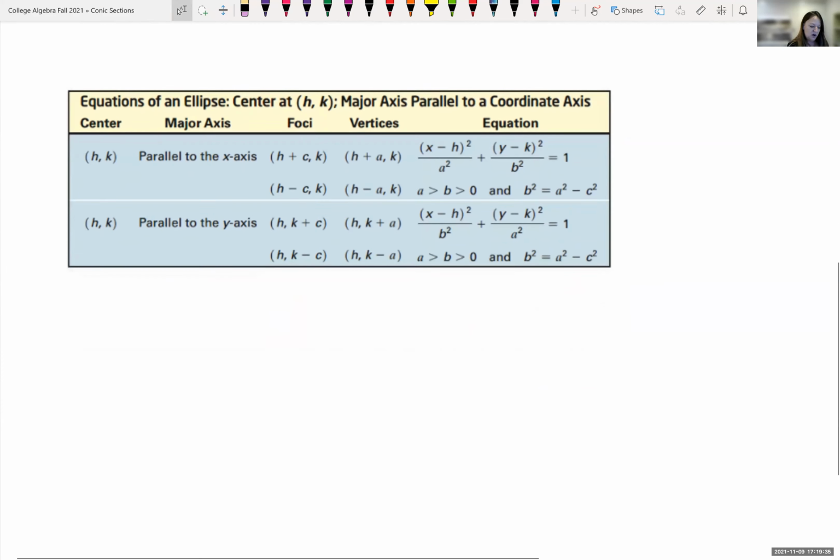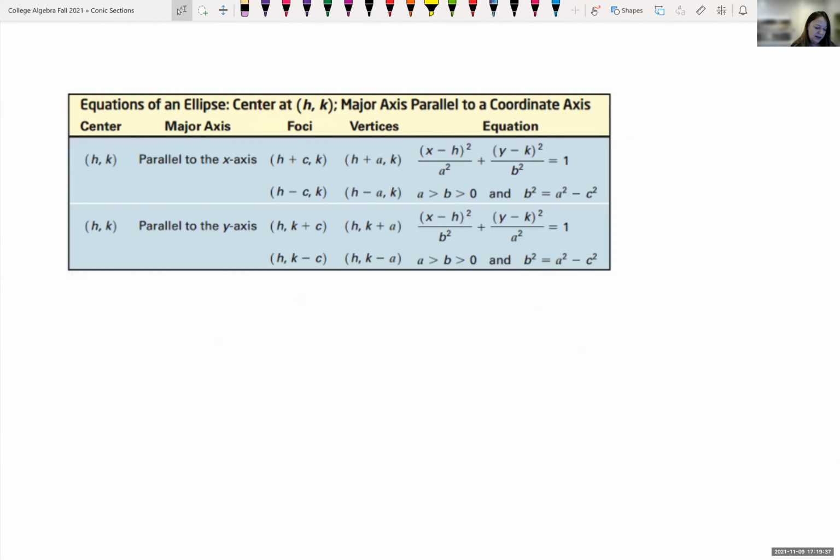Okay, so there's 2 of them right here. Depending on, it's parallel to the x-axis, then the value of a for an ellipse, and don't get confused with hyperbola, which we'll talk about later, because they're different for ellipse and hyperbola. But anyways, for an ellipse, the value of a is always bigger than b.